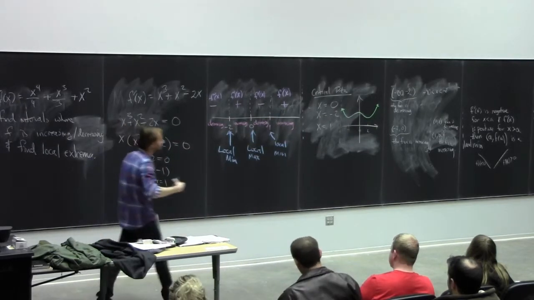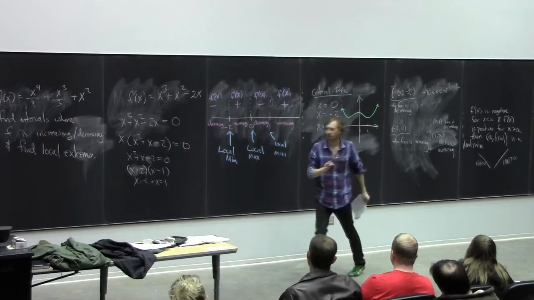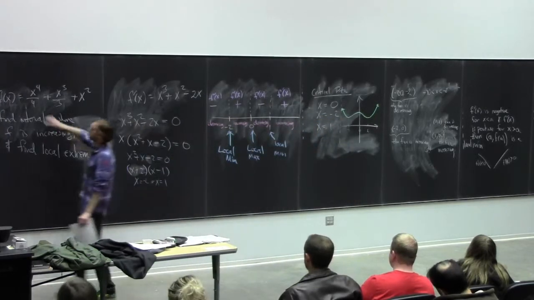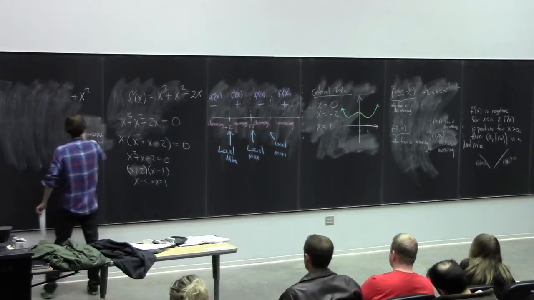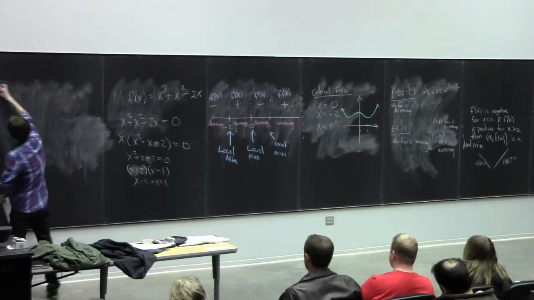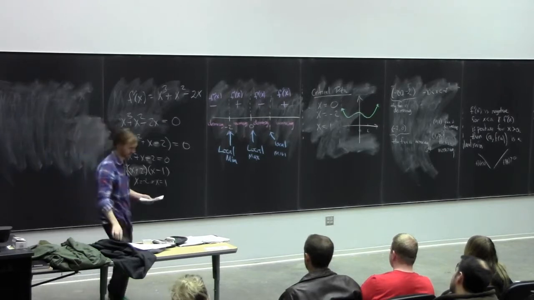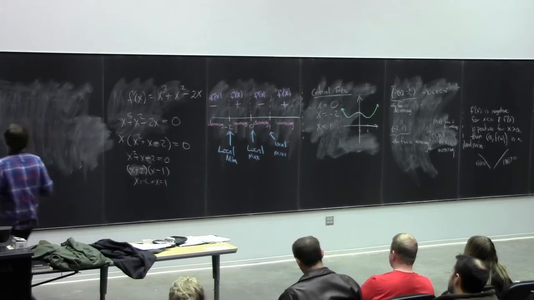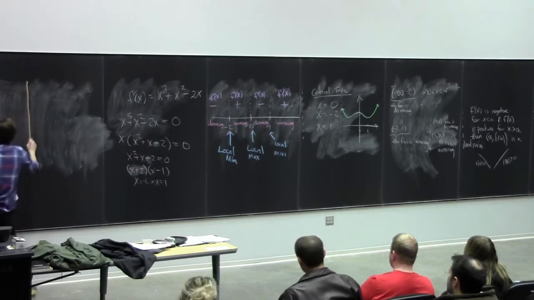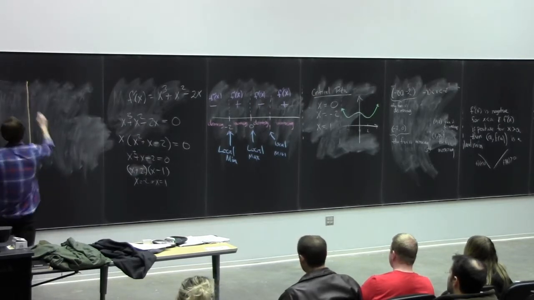Now, if we take the derivative again, we get more information. And so here I'm going to draw a handy chart that might be useful to write down. I guess if I was in this class, I'd probably write this down.